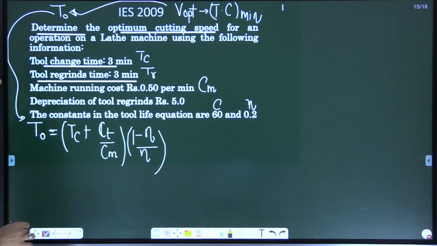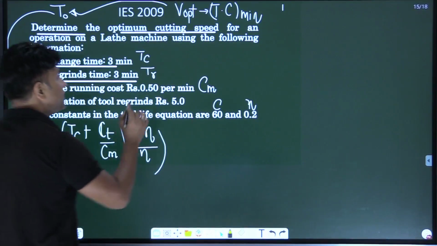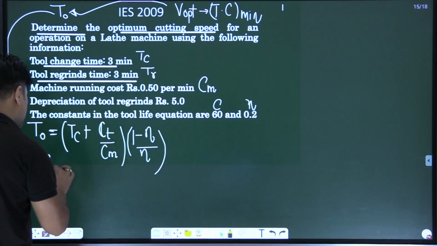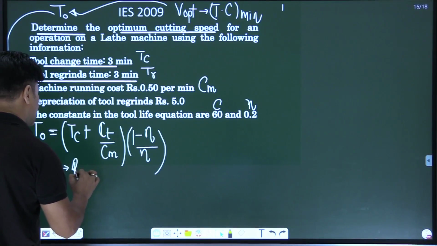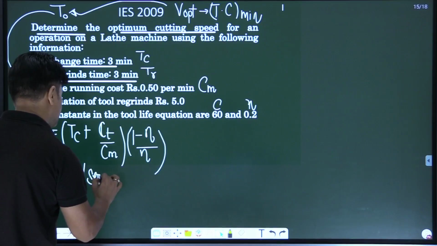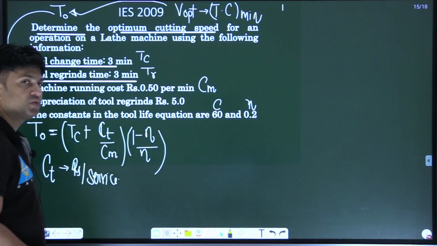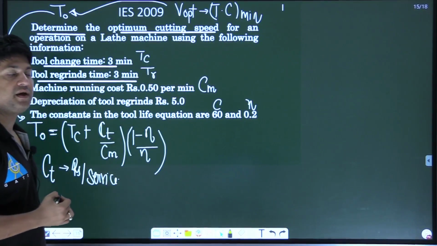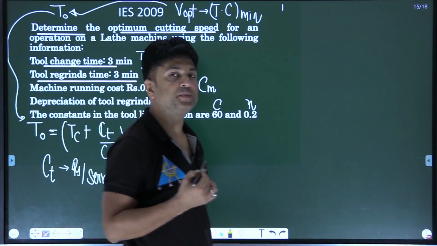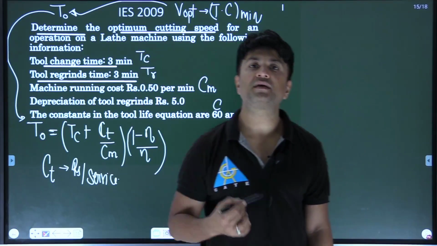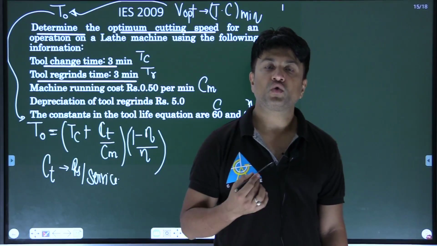Now, N is given. Now, dear student, here CT is not given, and you know the unit of CT is rupees per service. Maybe some students are going to take it as 0. Here CT unit is rupees per service, which means I am providing a service to the tool, for repairing.